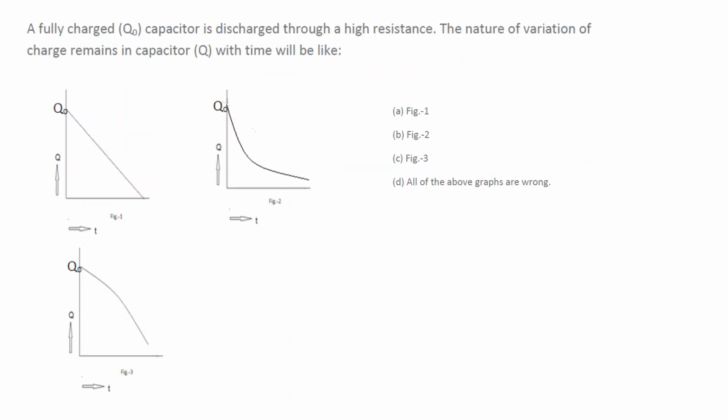Now the next question, a fully charged capacitor, the charge on it is Q0, is discharged through a high resistance. What is the nature of variation of charge remaining in the capacitor with time? It's the same question as we had done the last one. While discharging of a capacitor, the expression of charge at any particular time will be given by the maximum at time t equal to 0 and the exponential factor.